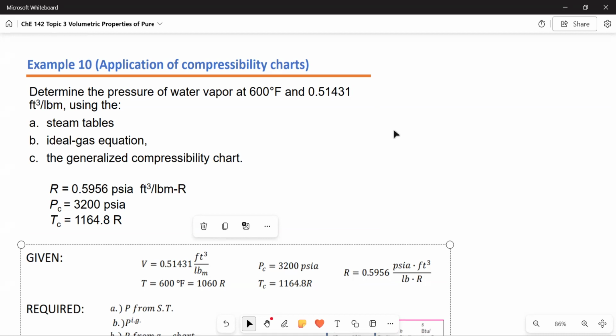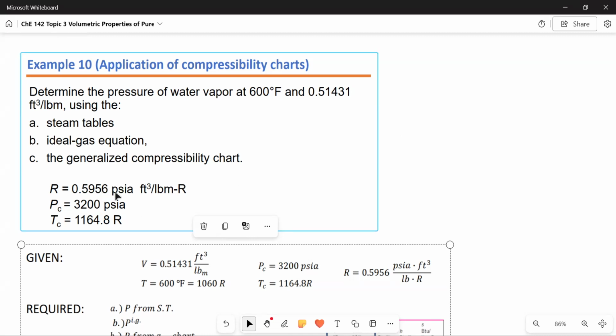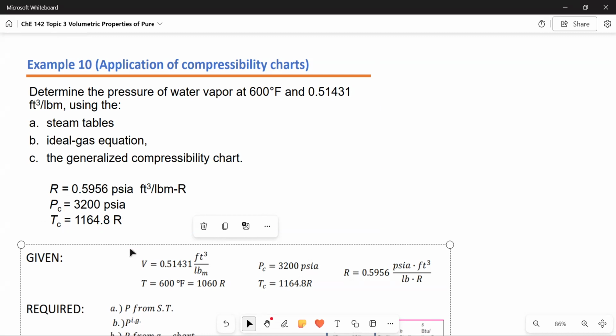Using the steam tables, which would give us the actual or experimental value, and also the ideal gas equation and the compressibility chart. We're given the value of R in psi feet cube per pound mass Rankine and the critical pressure and temperature of water in psia and Rankine.